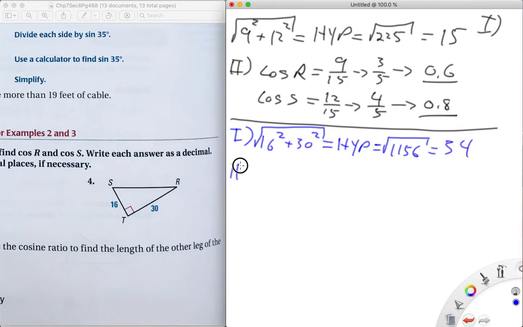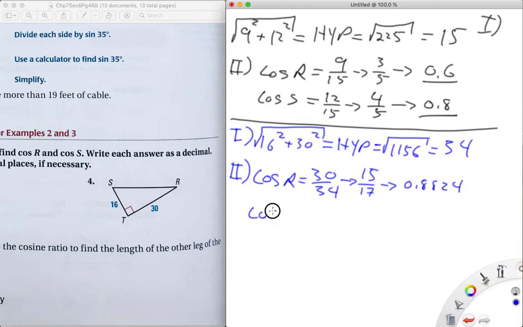So then we get the cosine of both R and S. Cosine of R is adjacent over hypotenuse, so 30 over 34, which is 15 over 17, which is 0.8824.